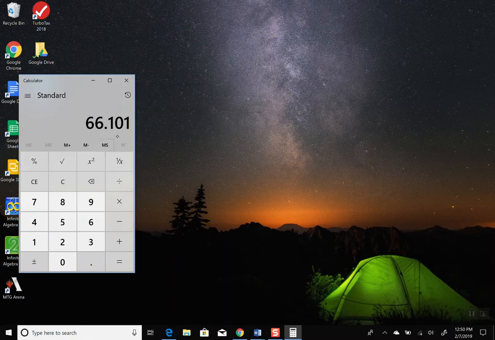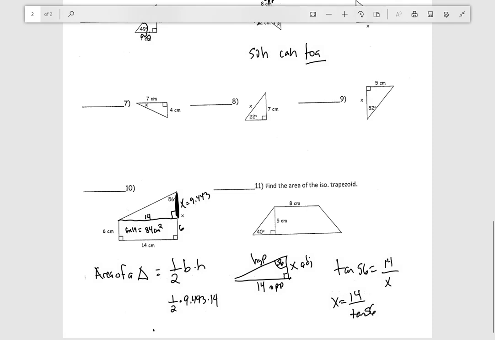That gives you 66.101 centimeters squared. So this triangle has 66.101 centimeters squared to it, and this rectangle has 84. You add that up, that should be 150.101 centimeters squared.